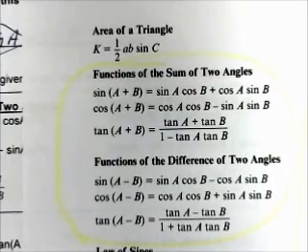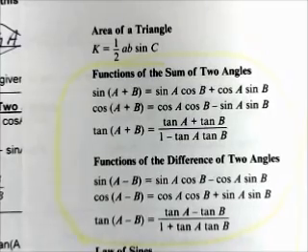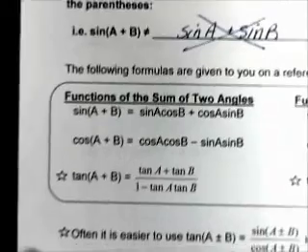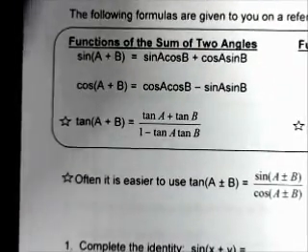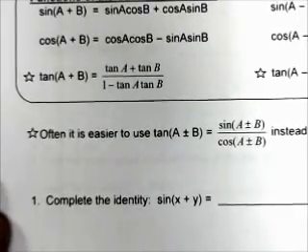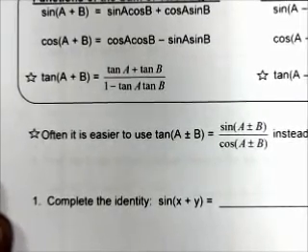Well, what if we took 45 minus 30? If we took the sine of 45 subtract 30, that would be equivalent to the sine of 15. So this is where it's going to come in. Starting off, just a little bit of practice here before we actually address and look at the sine of 15 degrees on the next page.